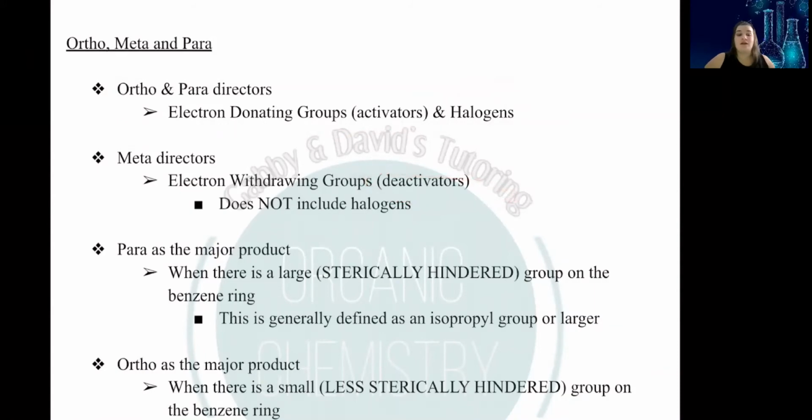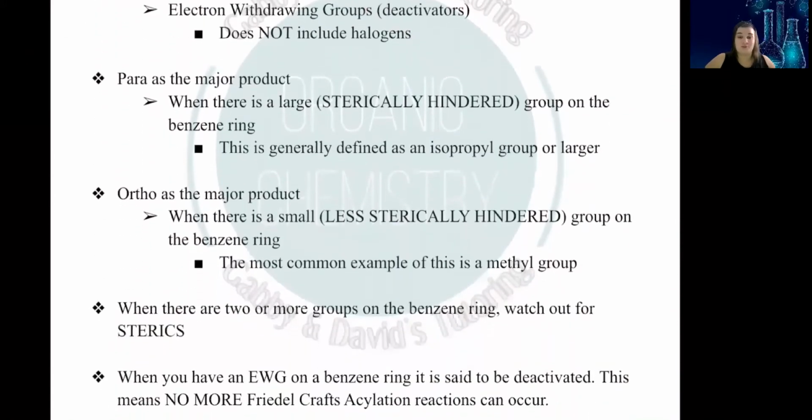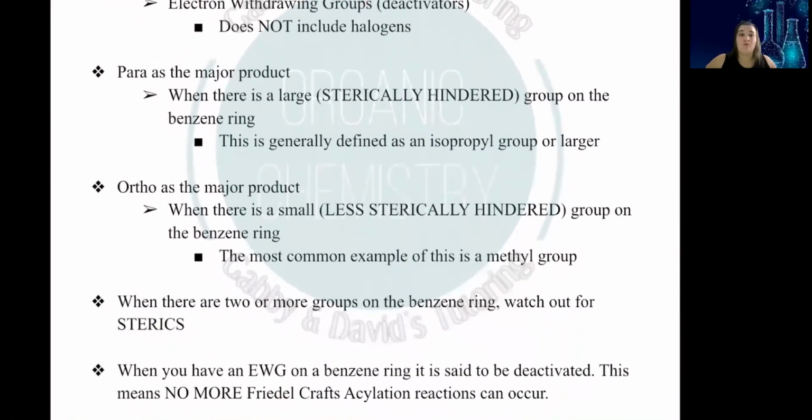Okay. Now, when we're talking about major products, right, we say para is the major product when there is a large sterically hindered group on the benzene ring. So this is usually like an isopropyl, or you could do just a regular propyl, right, a 3-carbon chain.